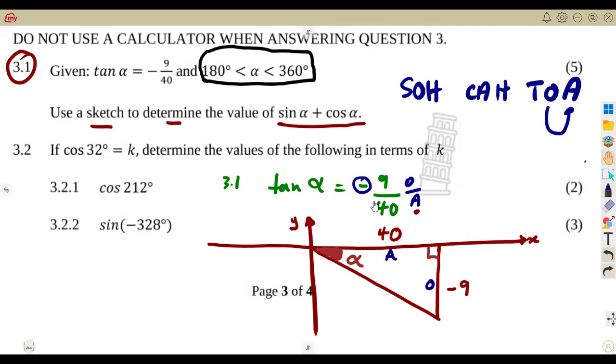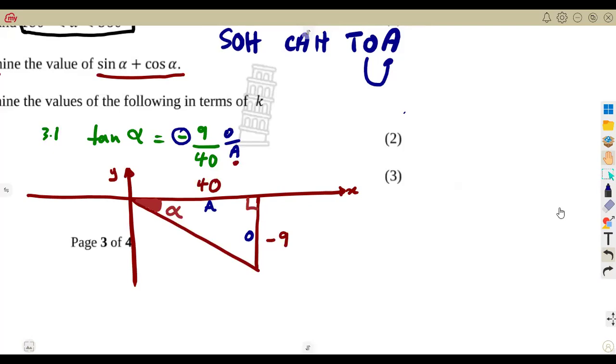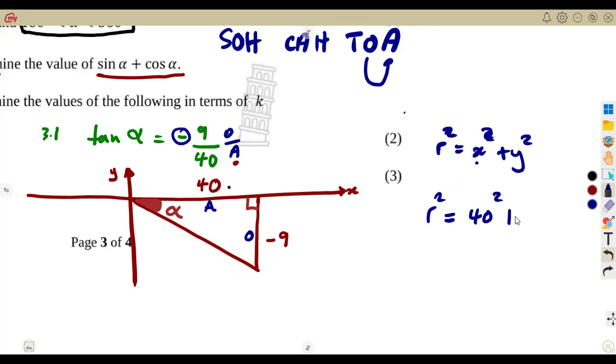So let us calculate that hypotenuse. Remember, from our Pythagoras theorem, the radius of the circle that was going to be drawn, r squared, is equal to x squared plus y squared, which is simply the hypotenuse. So let's substitute: r squared is equal to x squared, for the x value we've got 40 squared, plus the y value, that is -9 squared.